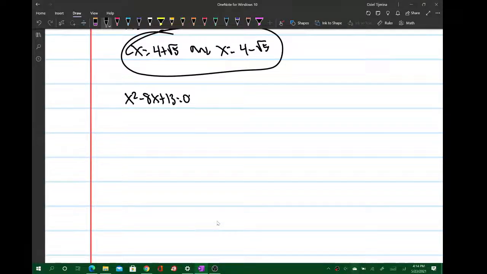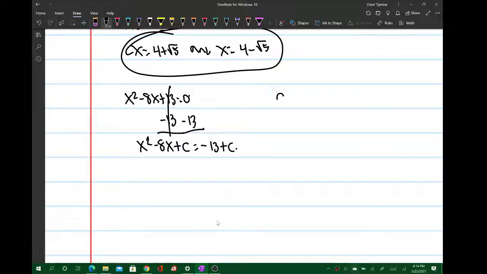What we did was we said, well, there's a minus 13 on both sides, right? And then we said x squared minus 8x plus a third term c. Because we want to make this a perfect square trinomial, we're going to add that c to the other side as well.